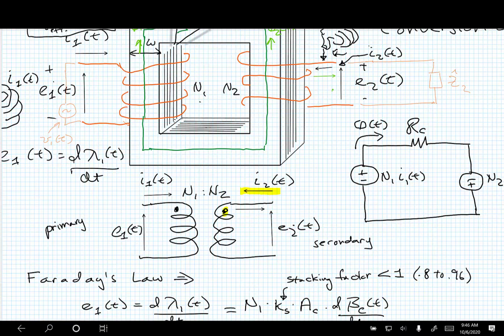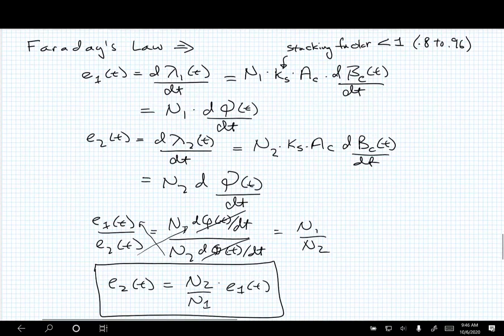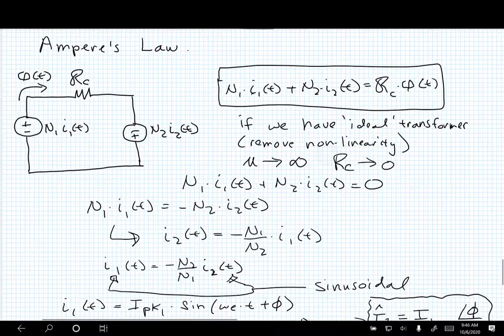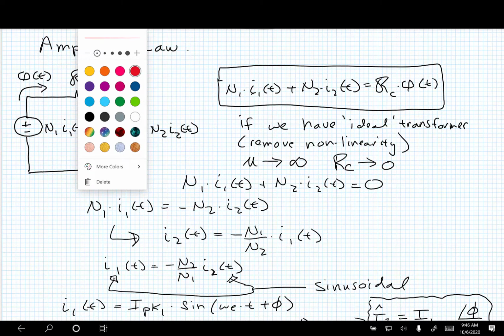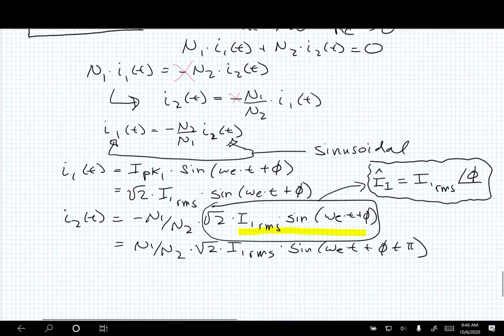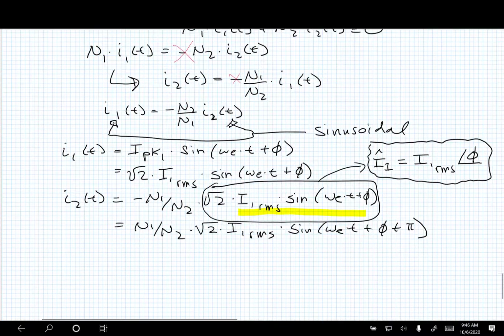Yep. So if I do that, what have I just done? Well, if I go down to what I came up with from Ampere's law, I just got rid of this negative sign. And now I've got something that's a lot easier, better to work with.